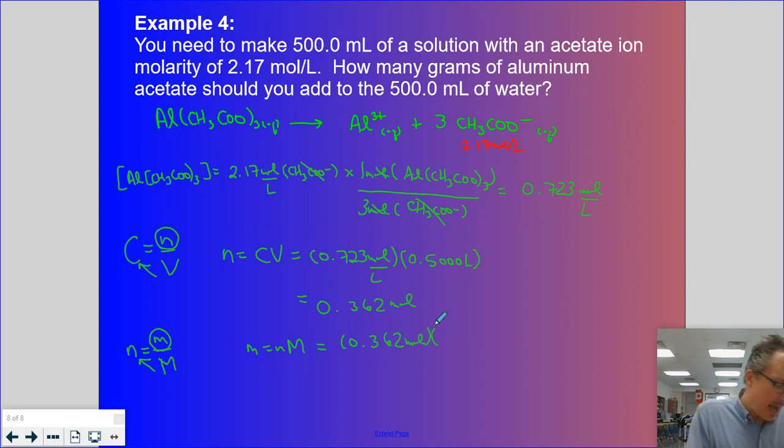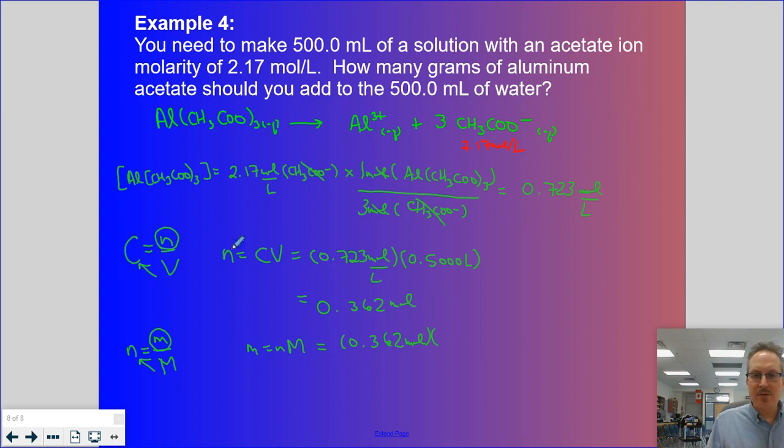So my molar mass is going to be aluminum, 26.98, plus I have 6 carbons at 12.01, plus I have 9 hydrogens at 1.01, plus I have 2 times 3 is 6 oxygens at 16 apiece.